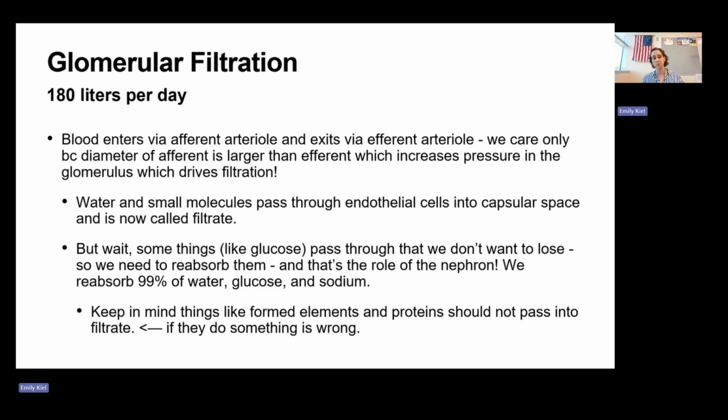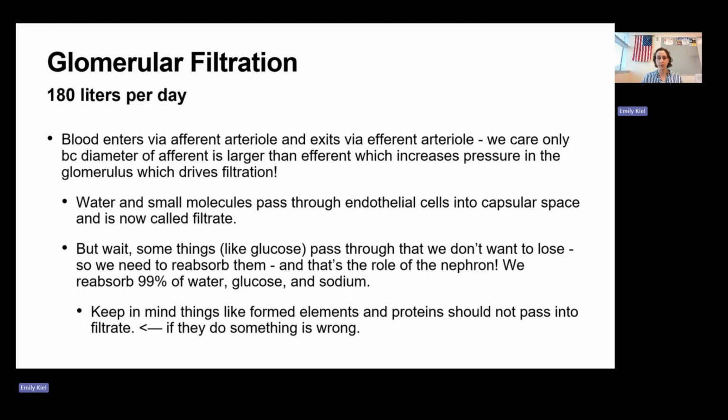Water and small molecules can pass through the endothelial cells into the capsular space, and that's where it becomes called filtrate. But there are some things like glucose that pass through size-wise and charge-wise, but we really didn't want to lose them. So we're going to do a separate step and reabsorb them.